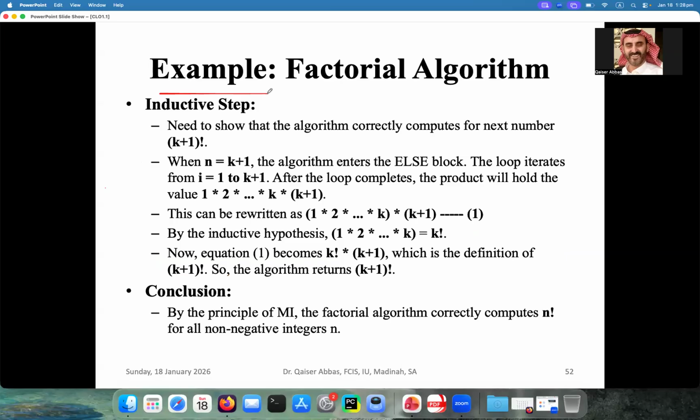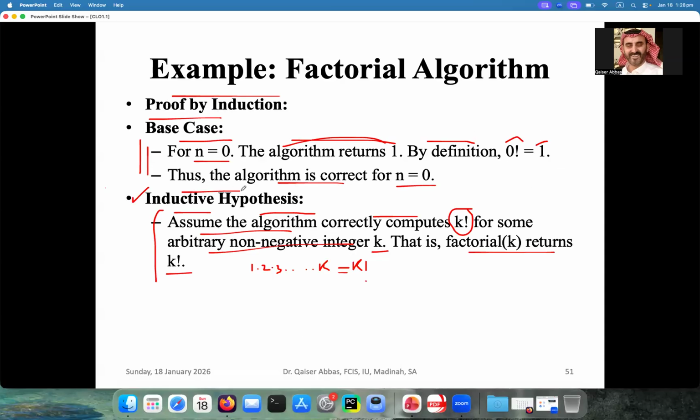We have to show this step by step mathematically. When we are able to show that properly, then we can finally say that the algorithm is also true for k plus 1, and we will give our final statement. So, inductive step. The previous one was the inductive hypothesis.